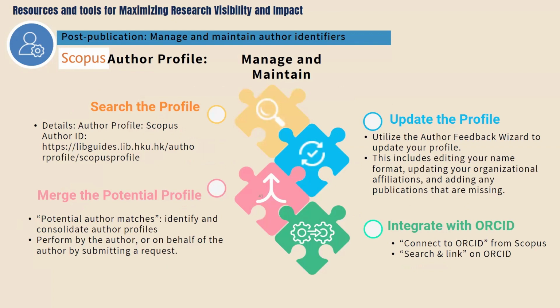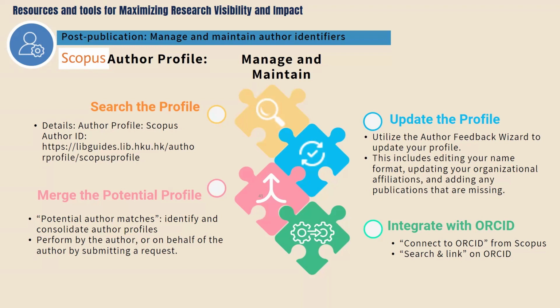To effectively manage and maintain your Scopus profile, start by searching for your profile on Scopus. Detailed instructions for this process can be found in the guideline. The author feedback wizard is a tool at your disposal to update your profile. It allows you to refine your name format, refresh your organizational affiliation, and append any missing publications.